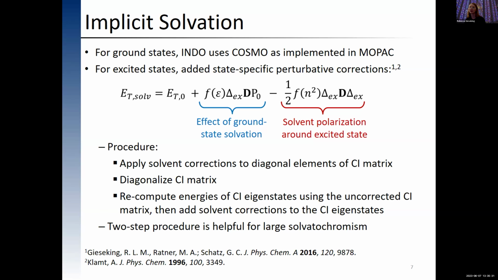And so how this is implemented, we set up the CI matrix, we add solvent corrections for each of those excitations along the diagonal terms. We diagonalize that to get the excited states, and then we basically remove the solvent corrections for the excited states and add them back in, just to make sure that if we have states that have different amounts of charge transfer than the component excitations, that everything is added in a little more consistent way.